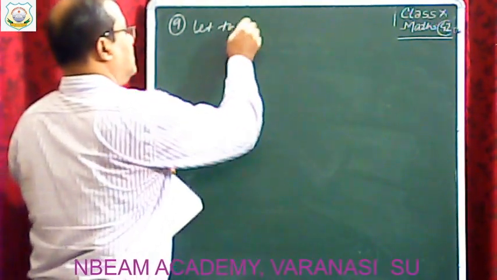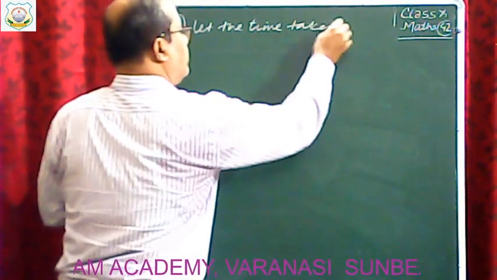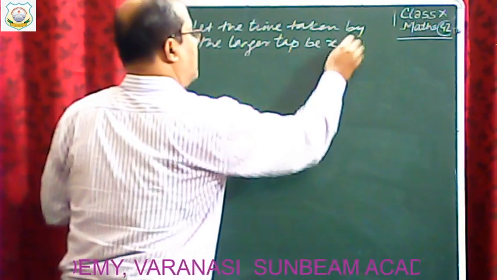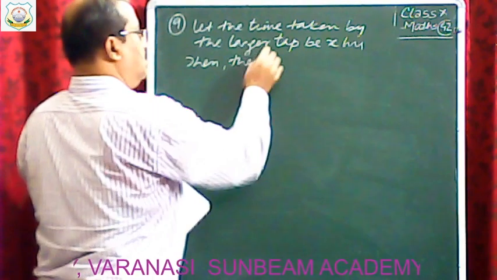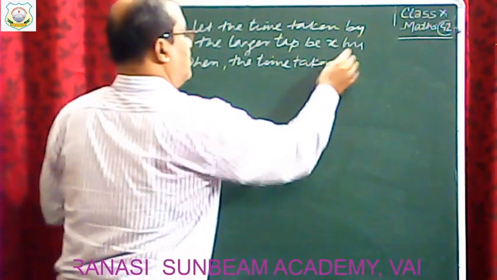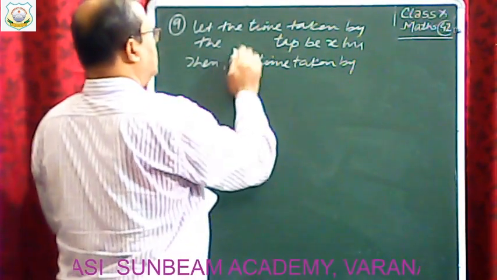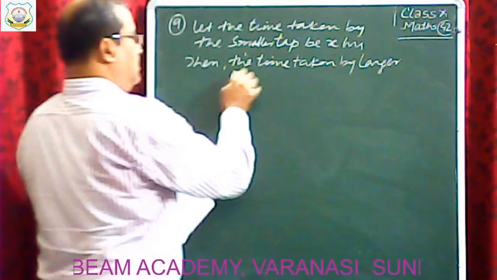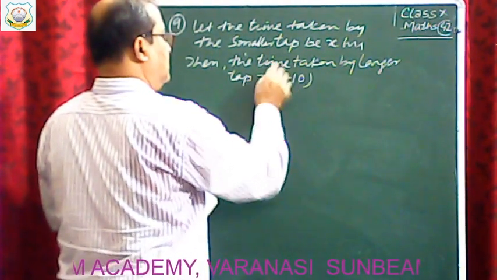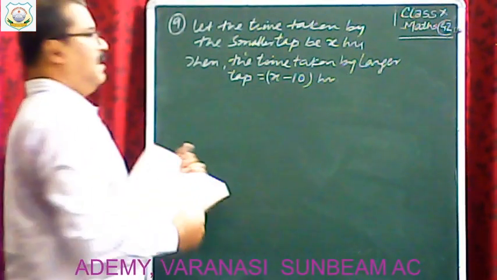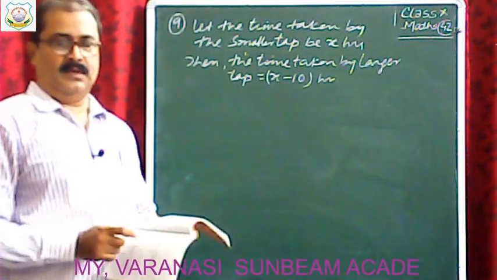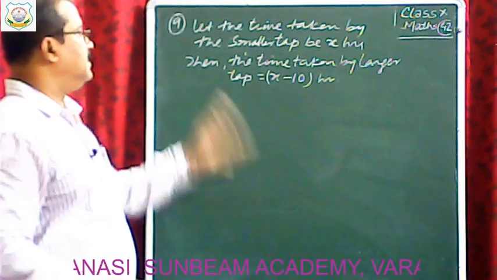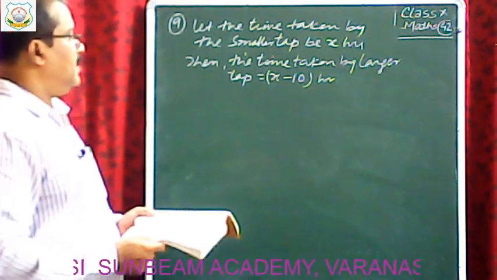According to the conditions, the time taken by the larger tap is 10 hours less than that of the smaller tap. So if the time taken by the smaller tap is x hours, then the time taken by the larger tap is x minus 10 hours.